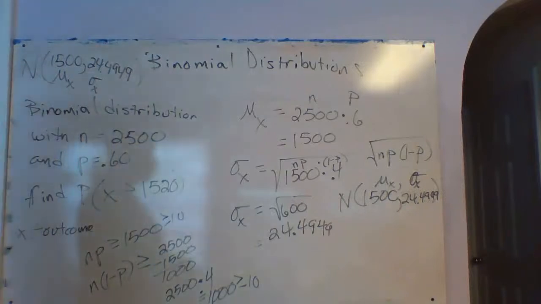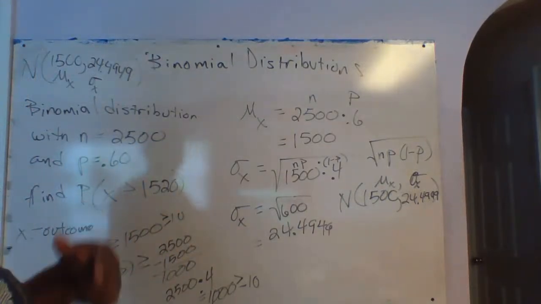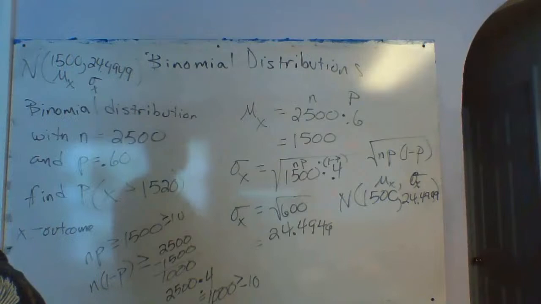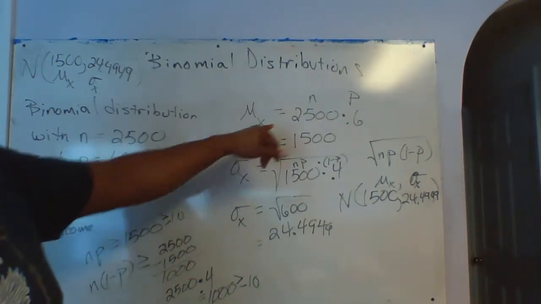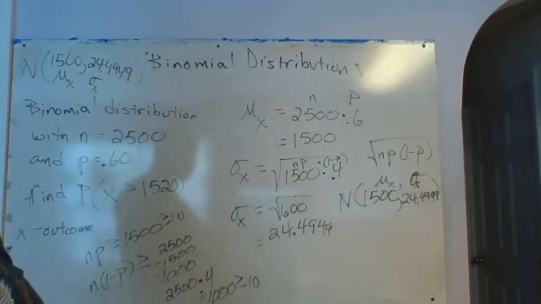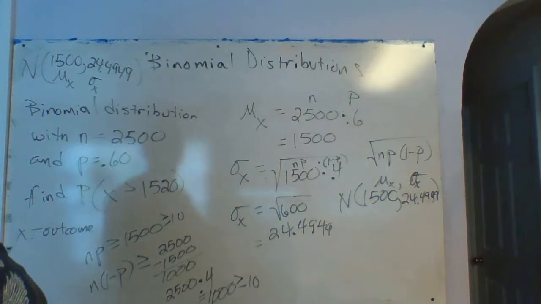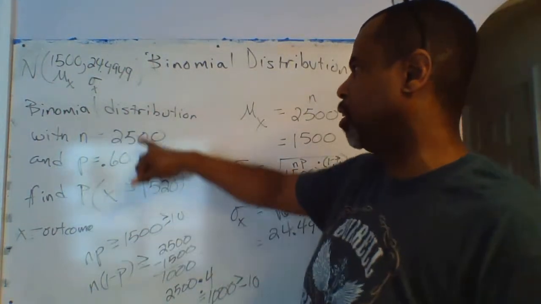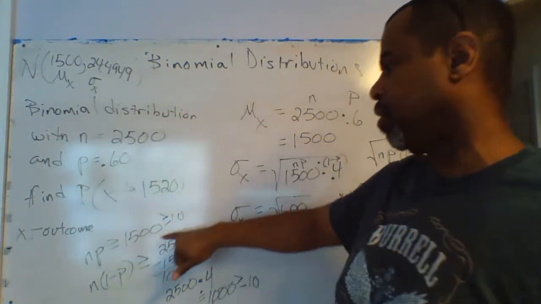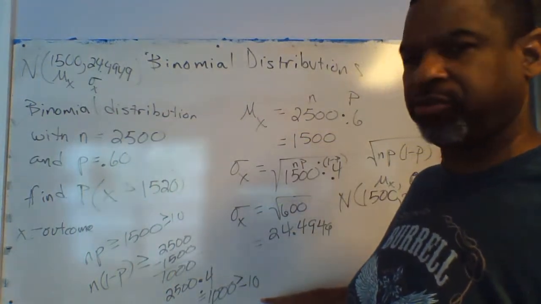Now, if we want to check the 10% condition rule, this problem was based on United States citizens. So we know if this is 2,500, we have more than 25,000 U.S. citizens. So we know that we can use the norm curve because these two facts are true.